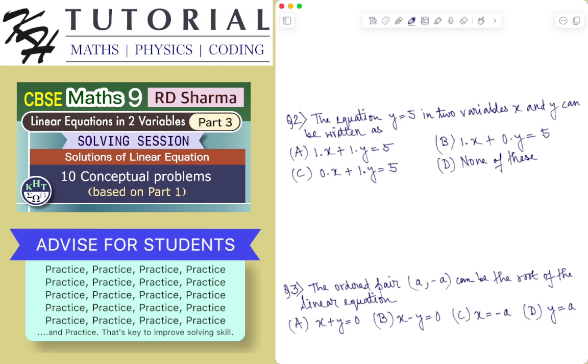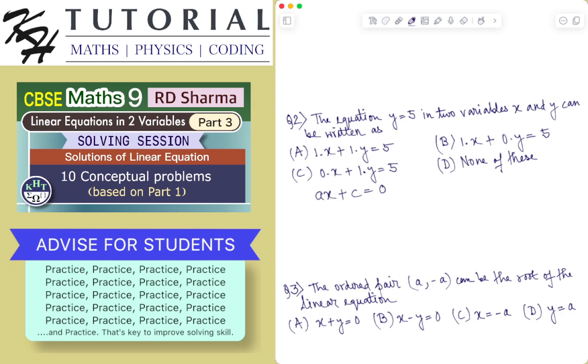Okay. So whenever you are given, let's say, a linear equation in two variables, but one variable is missing. Let's say we have something like ax plus c equals 0. Clearly we see the variable y is missing.